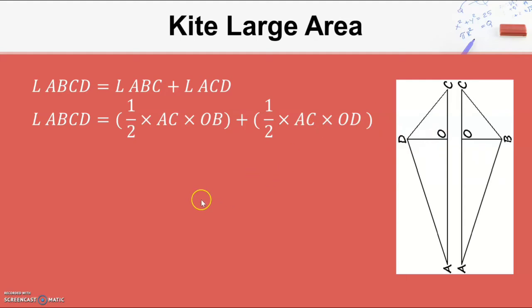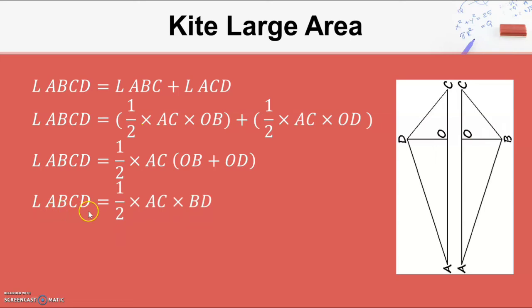Because in finding the area of triangles ABC and ACD there are 1 divided by 2 and AC in both, 1 divided by 2 and AC can be factored out. So, the area of ABCD equals 1 divided by 2 times AC times the quantity OB plus OD. OB and OD can be combined into BD. So, the area of kite ABCD equals 1 divided by 2 times AC times BD.